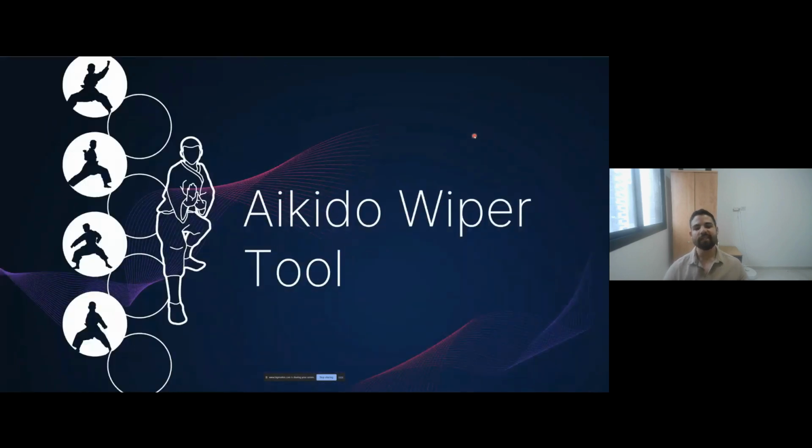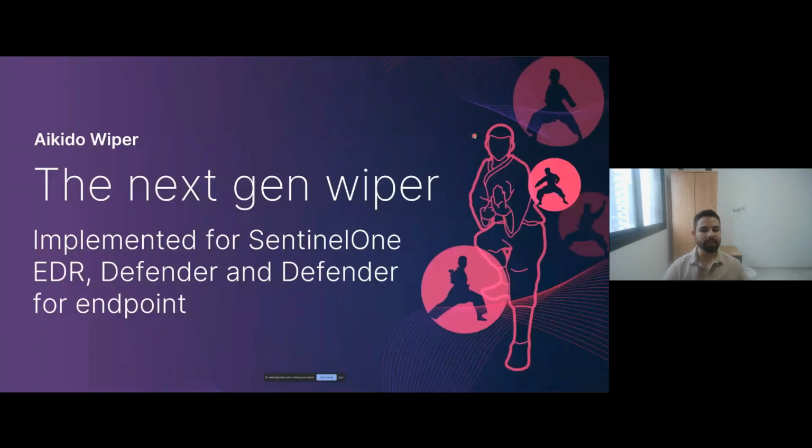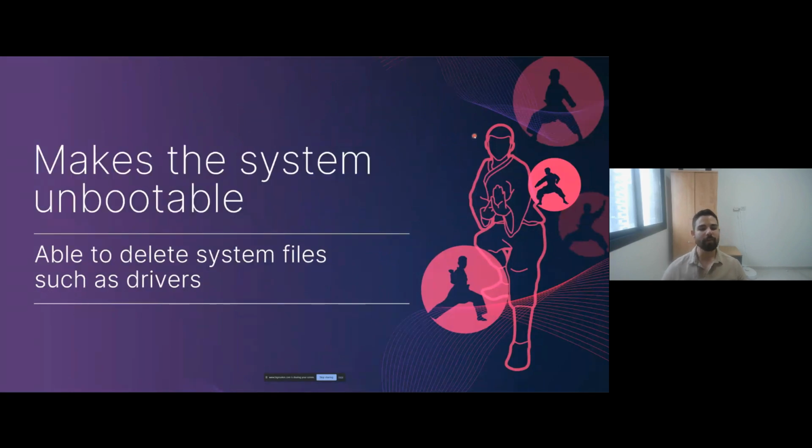And now to the actual Aikido wiper tool. I implemented it for SentinelOne, Defender, and Defender for Endpoint, just because they were the easiest to implement and most consistent with the exploit. The wiper is able to make the system fully unbootable, just like we saw in the demo.